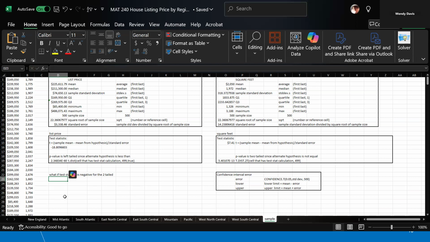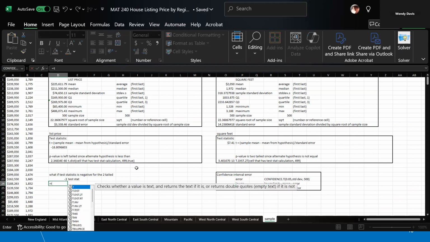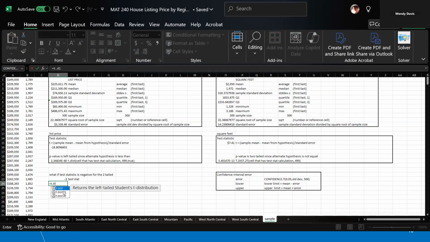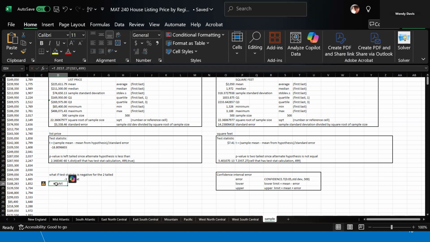You can either use the positive value. So let's say you get -3 as your test stat, and you try to use the two-tail test, equals T.DIST.2T. For this, it comes out with an error.